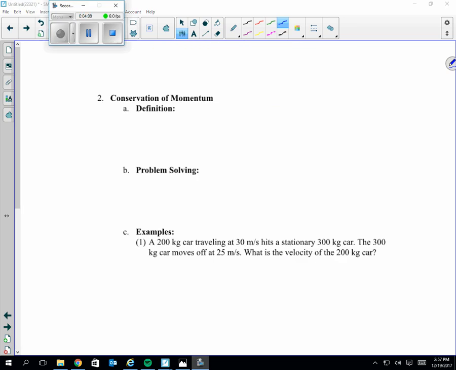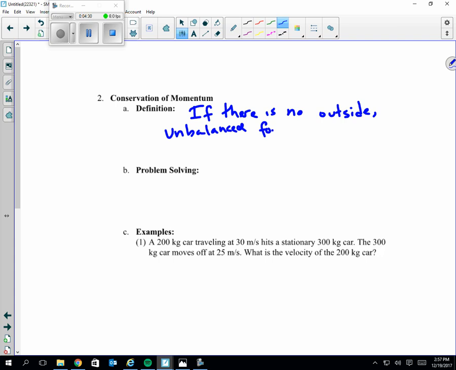Now, when momentum is important is this. It makes it very easy to solve some problems. If there is no outside unbalanced force, momentum is conserved.